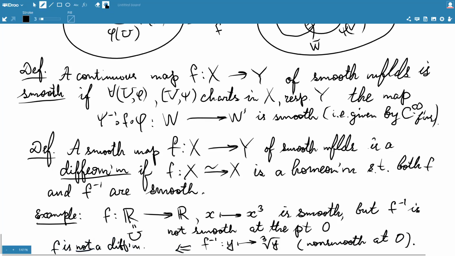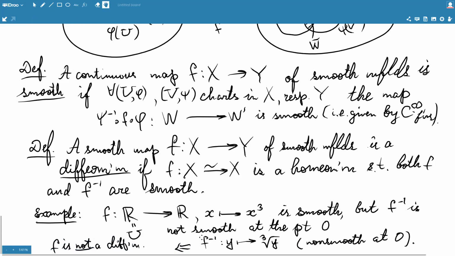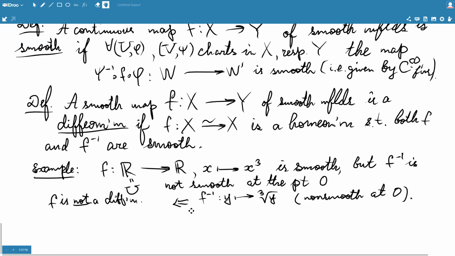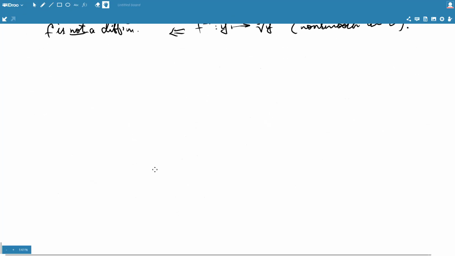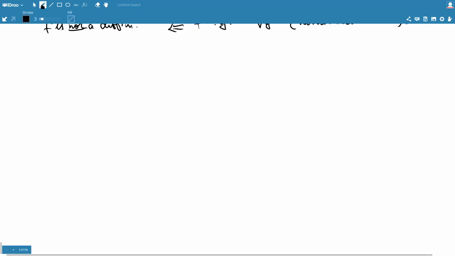Okay. So let us give some standard examples of manifolds. Just for example, R^n is a smooth manifold.